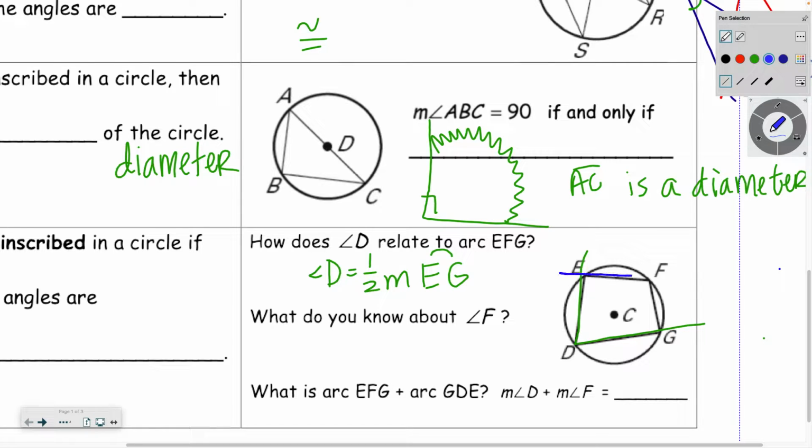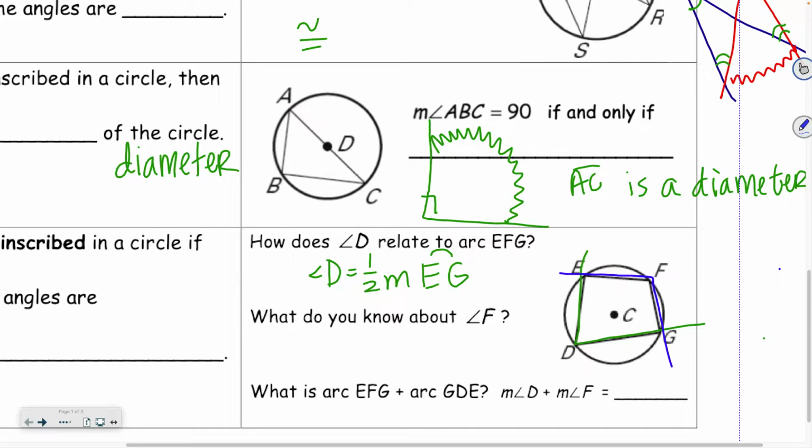What about angle F? 1/2 of this other side, right? So angle F is 1/2 the measure of arc EDG.